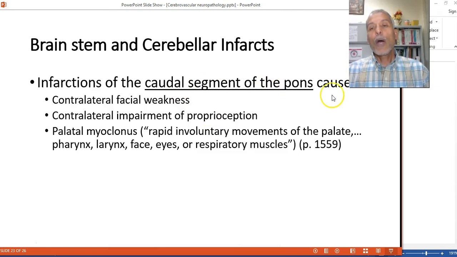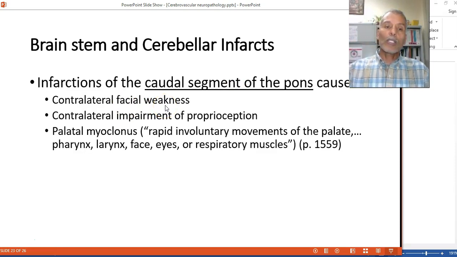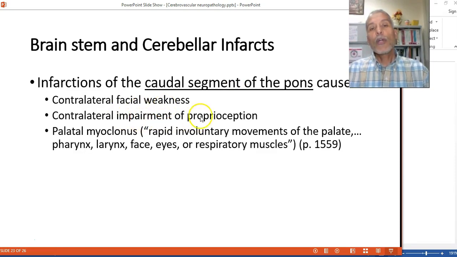So the caudal segment of the pons, if there's an infarction there, that's going to cause contralateral facial weakness on the opposite side, and contralateral impairment of proprioception again. And then we have palatal myoclonus, and that's a motor disorder characterized by rapid involuntary movements of the palate and the pharynx and the larynx and face and eyes and respiratory muscles.